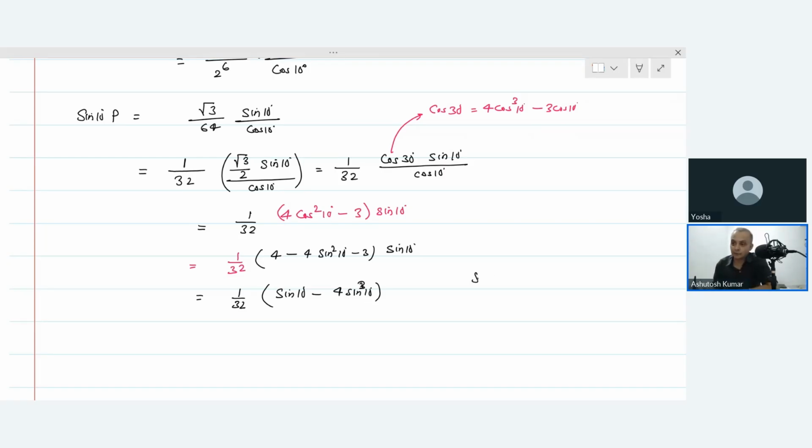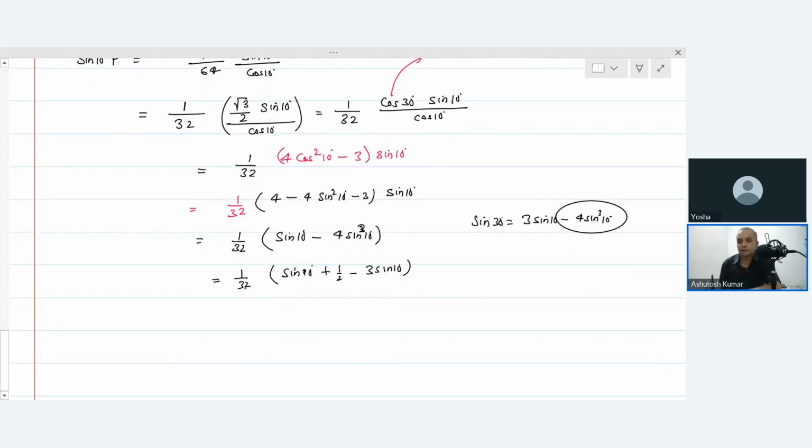So how do we convert? We know that sine 30 degree, I can write by using the sine 3 theta formula as 3 sine 10 degrees minus 4 sine cube 10. So this minus 4 sine cube 10 directly I can replace as sine 30 minus 3 sine 10. Sine 30 is half, so half minus 3 sine 10 degrees. And now it's all done.